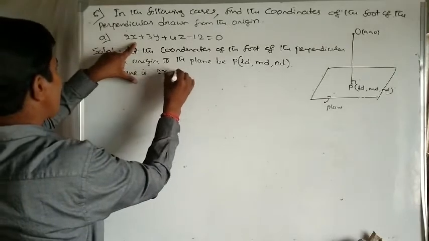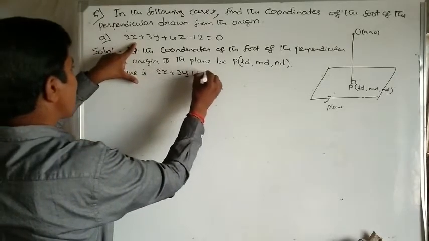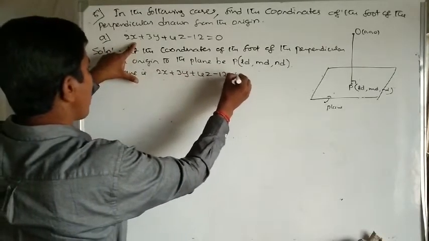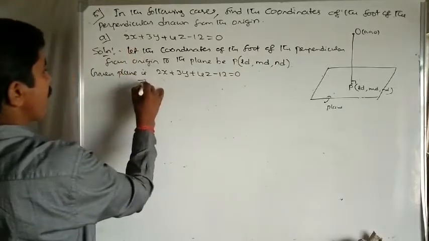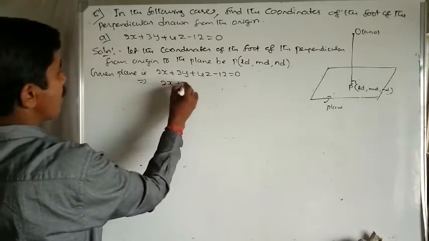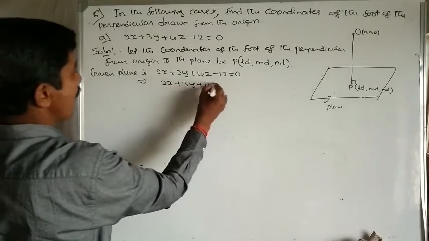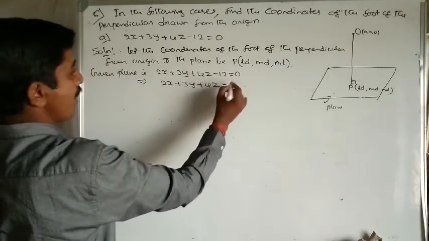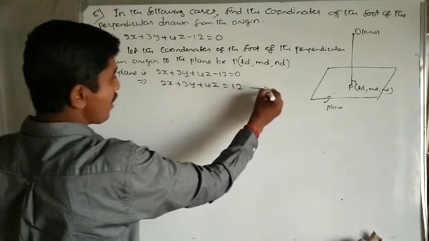The given plane is 2x plus 3y plus 4z minus 12 is equal to 0. Taking the 12 to the right side, it becomes plus 12. Call it equation 1.